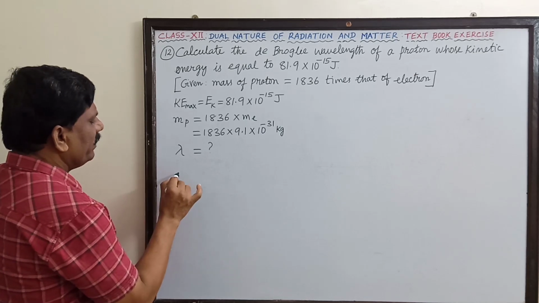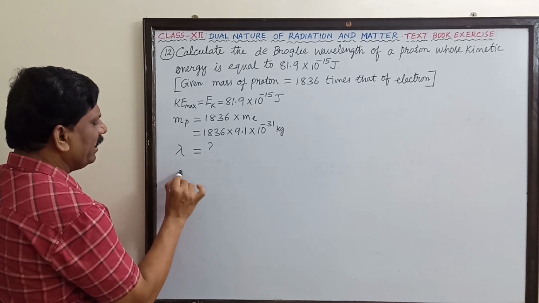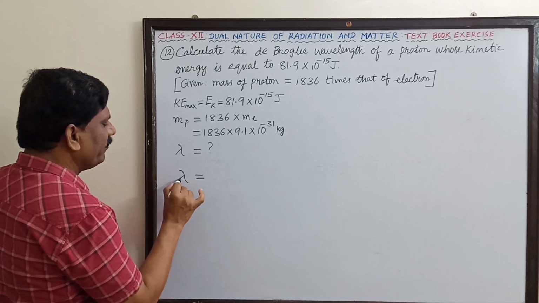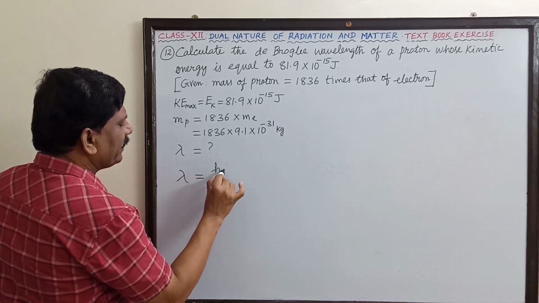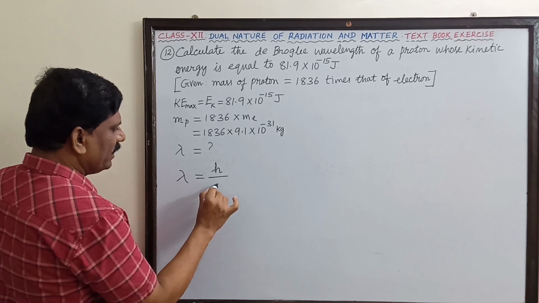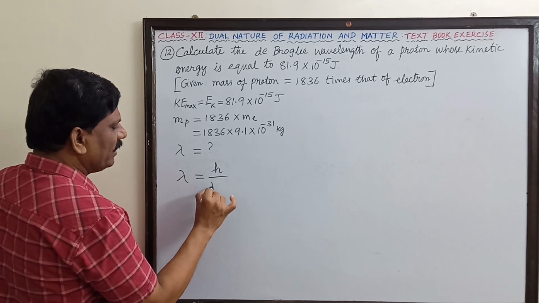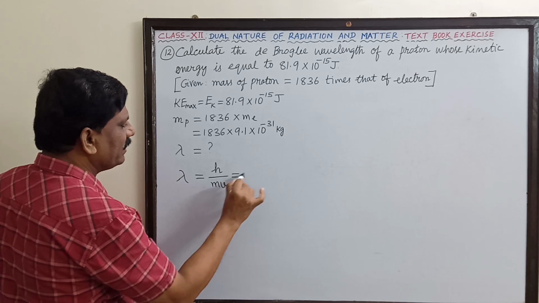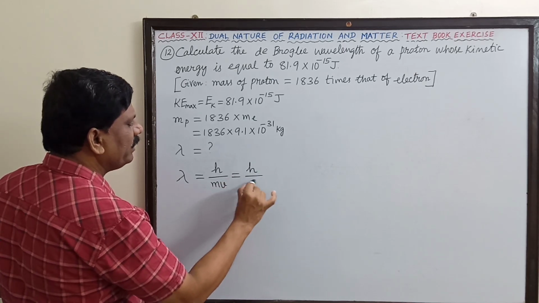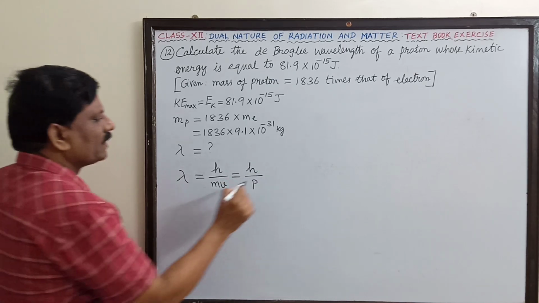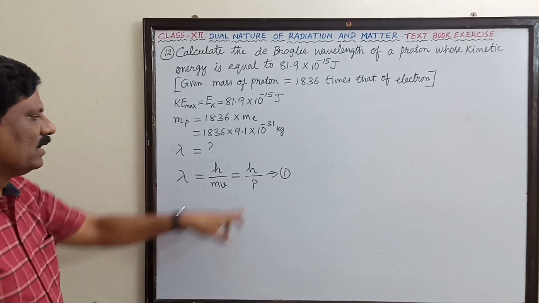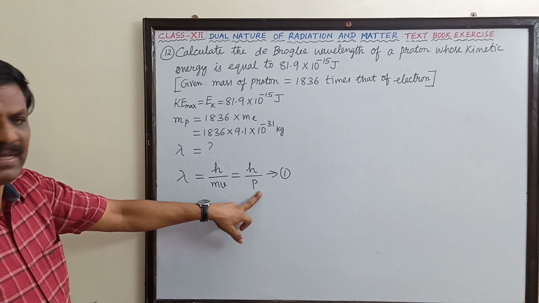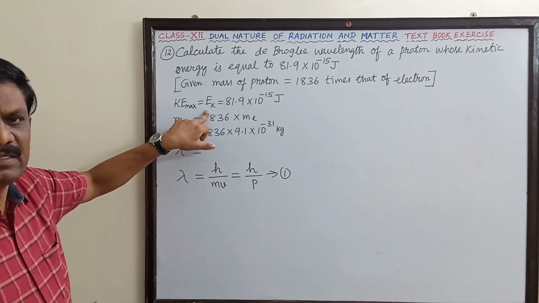Now we have to use the equation: lambda, the de Broglie wavelength of the proton, is equal to Planck's constant h divided by mass into velocity, that is equal to h by p. P is for momentum, and this is the required equation. Now we don't know the direct value of momentum, but they have given the kinetic energy.